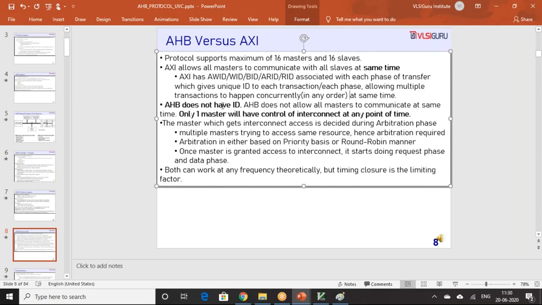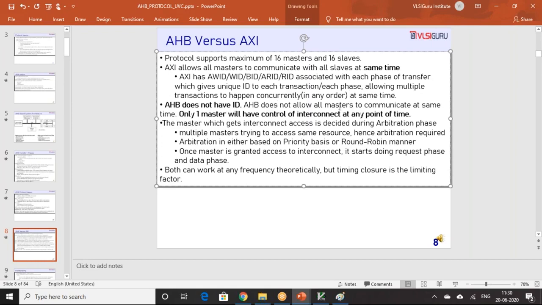Whereas AHB does not have ID. AXI has IDs through which you identify that this transfer belongs to this transaction, this response belongs to this transaction. But in AHB we don't have ID.